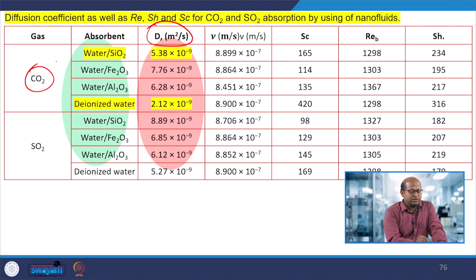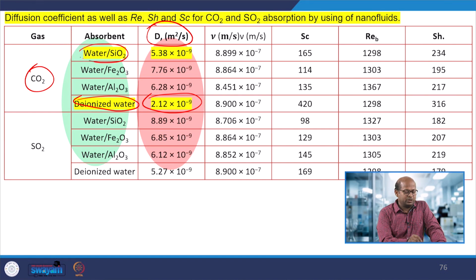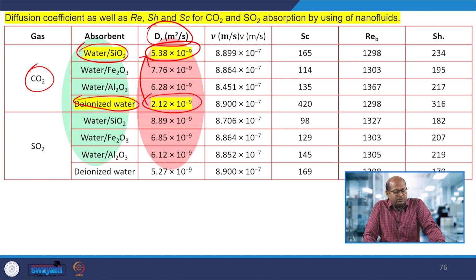Here you can see for CO2, if we use deionized water, the diffusivity was 2.12 into 10 to the minus 9 meter square per second. When silica is used as a nanomaterial in water to prepare silica water nanofluids, the diffusivity is also enhanced. So from 2 to 5.38, that enhancement we can observe.